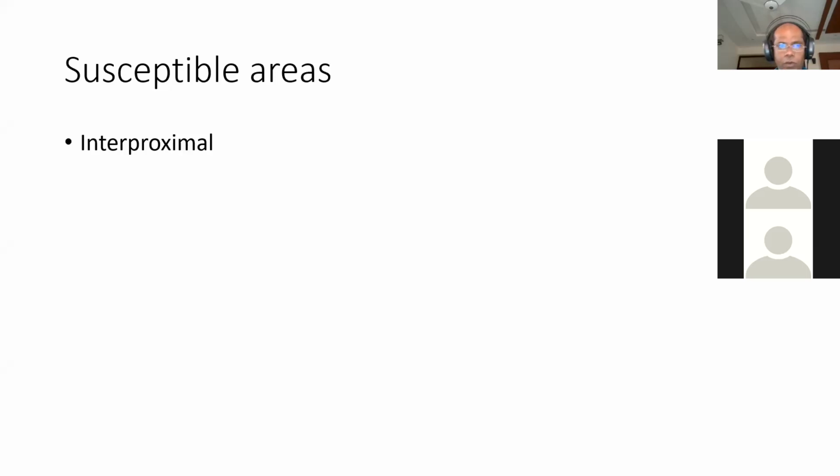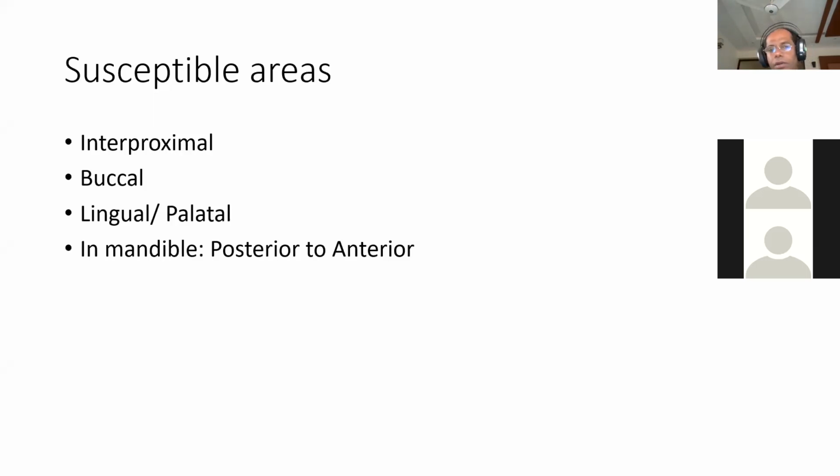Especially if there is a periodontal problem involving the area, more root surface is exposed and there could be periodontal pockets and so on. In that, root caries may be initiated. Then the buccal surfaces, and the lingual or palatal surfaces come third. In the mandible, it occurs from posterior to anterior. So molars are more affected, then premolars, then canines, then anterior incisors.